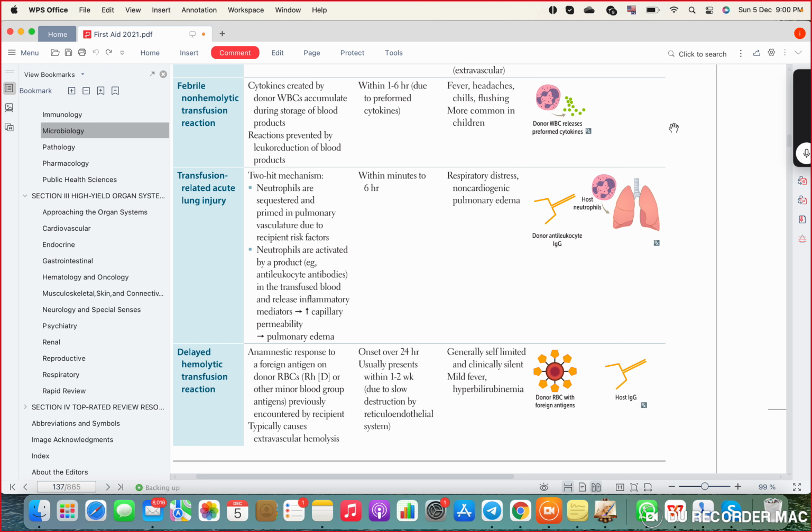I know it's vague, whichever I told. I know it's anti-leukocyte antibodies. Which is it, anti-leukocyte or anti-neutrophils? Yeah, and specifically the neutrophils.